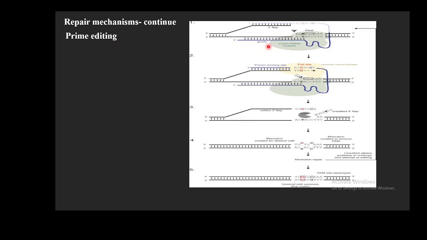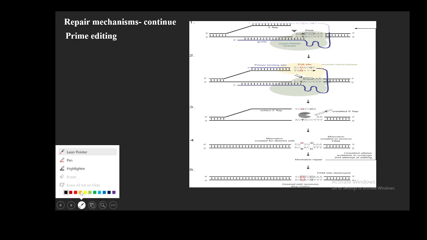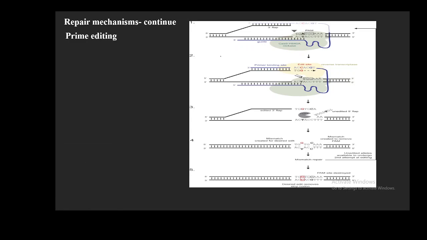In that you can use the prime editing guide RNA, which is also known as the pegRNA, and that is fused with the Cas9 protein, which has a mutation in the HNH domain. Because it has the mutation in the domain, what will it do? The HNH domain basically cleaves the complementary strand.